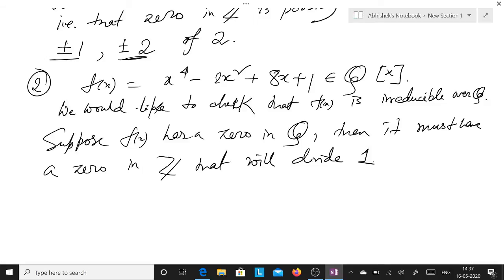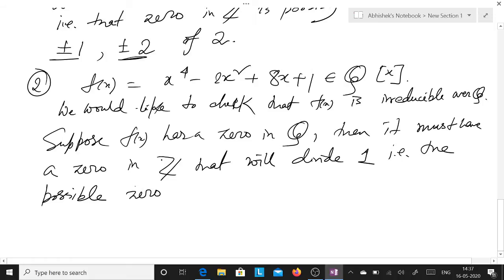And which indicates that the possible integer zeros will be one of the divisors. Either it is 1 or minus 1.